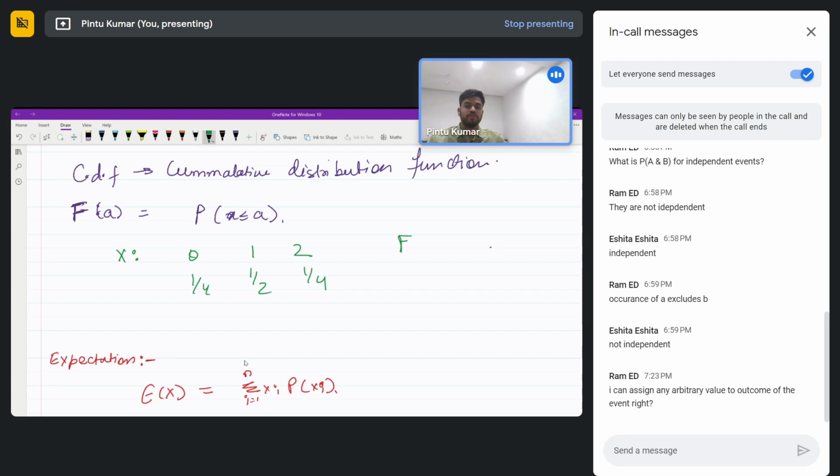So what is the cumulative distribution function at point 1? This is the probability that x is less than or equal to 1. That means it is either 0 or 1. So this is the probability that x is equal to 0 plus the probability that x is equal to 1. This is nothing but half plus 1 by 4, which is 3 by 4. This is what is known as the cumulative distribution function.